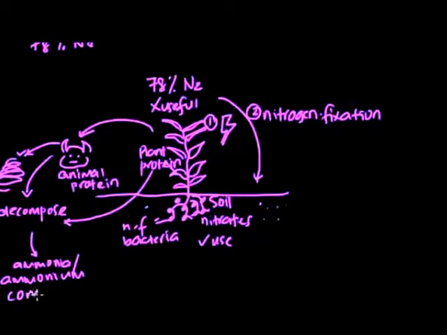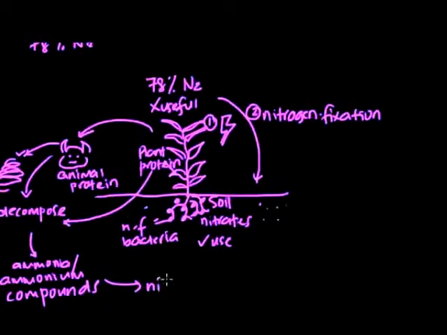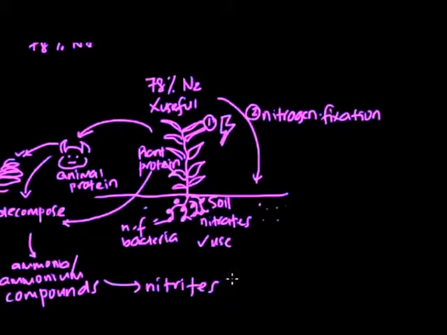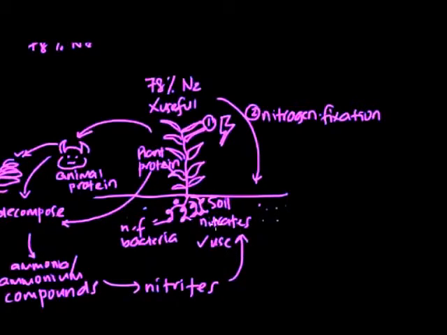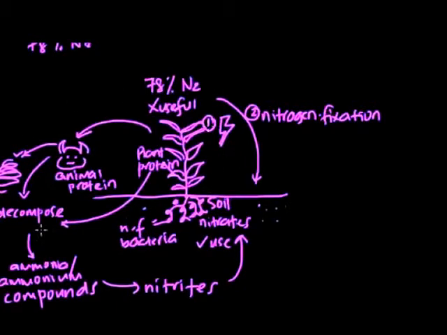These ammonium compounds are then converted into nitrites through the nitrification process. And the nitrification process will convert the nitrites into nitrates. And the nitrates will be recycled by other plants. Okay, but even though you can see a nitrogen cycle here, not all the nitrogen in the atmosphere is converted into nitrates.